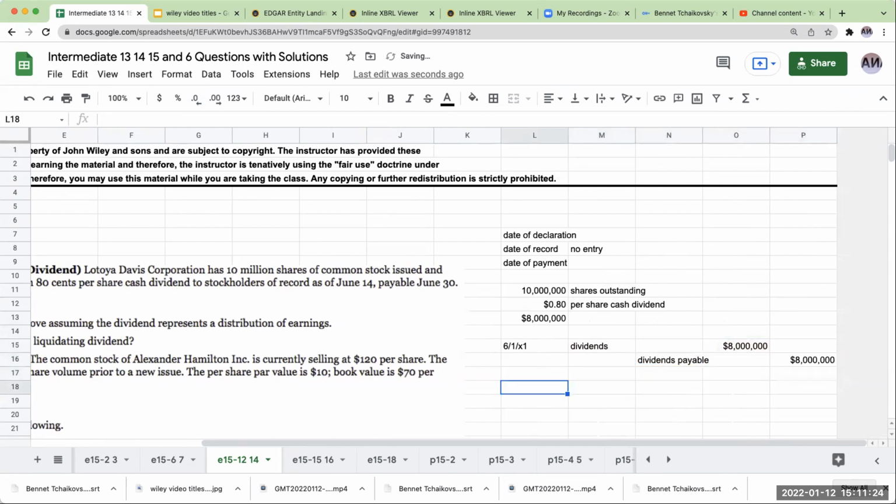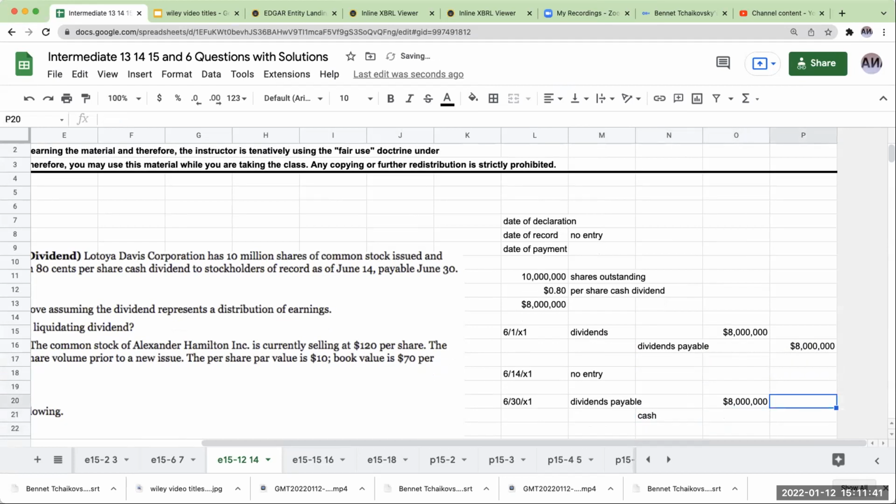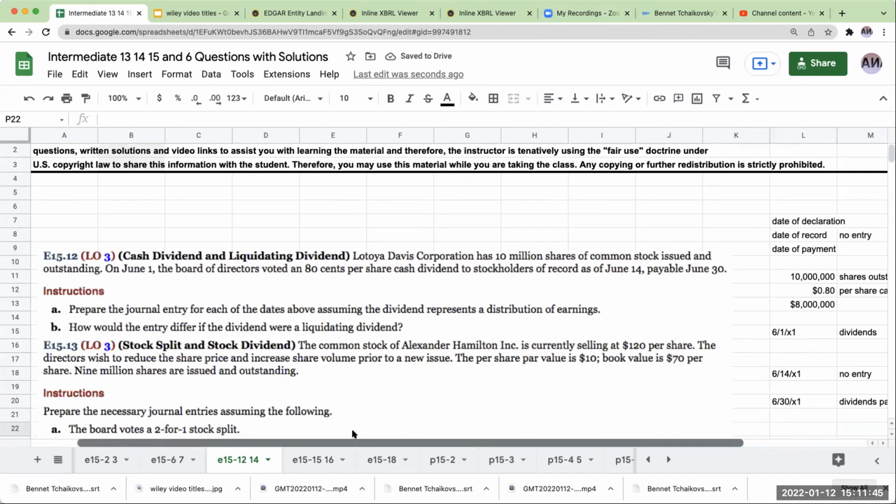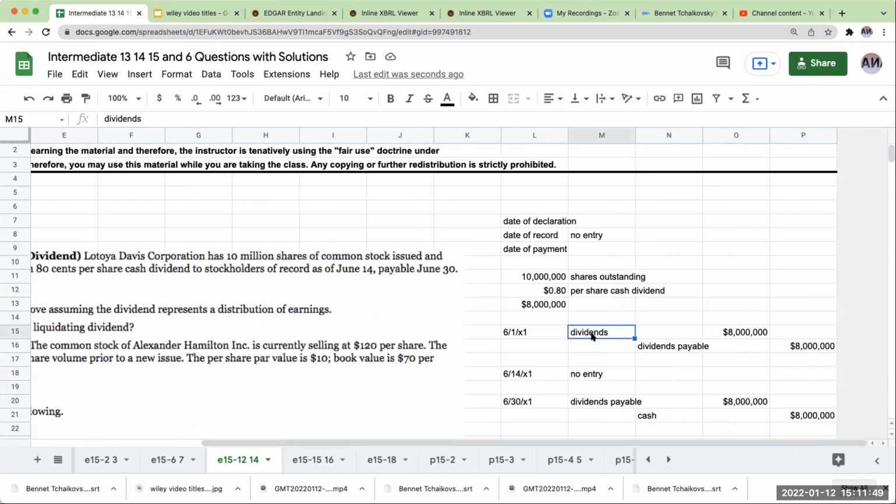On 6/14/X1, no entry. On 6/30/X1, the date of payment, I'm going to be debiting dividends payable for this 8 million, and then crediting cash for the actual payment of that dividend. So again, if it is a distribution of earnings, we have debit to dividends, credit to dividends payable, debit to dividends payable, credit to cash.